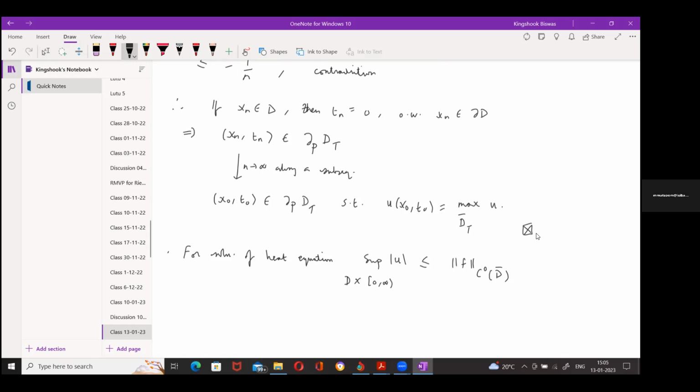Is this clear? So the solution of the heat equation will be uniformly bounded for all time. All right. Is this okay? Fine.